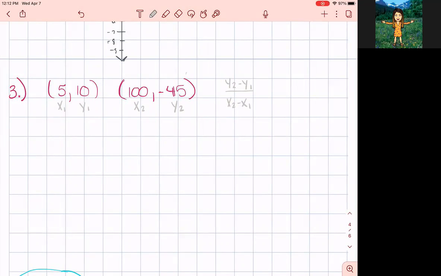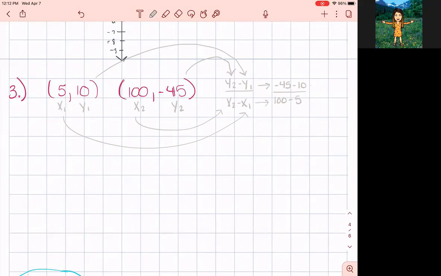Do our substitution. So there's that y2. There's the y1 for this problem. So it's going to be -45 minus 10 over, here's the x2, there's the x1, so that's going to be over 100 minus 5.